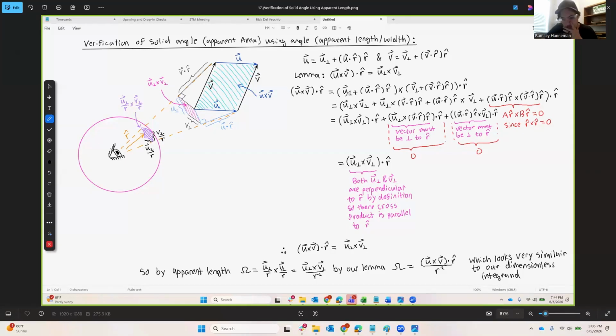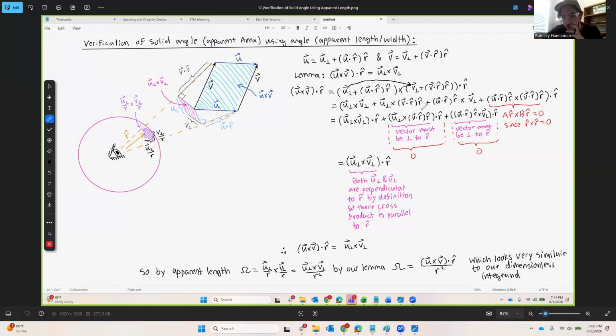I write my u vector in terms of perpendicular and parallel components. I write my v vector in the same way, perpendicular and parallel components, and then I'm dotting that cross product with r. Sure. Now the cross product does distribute, so I can distribute this with that, this with that, this with that, and this with that, and do 4 individual cross products.